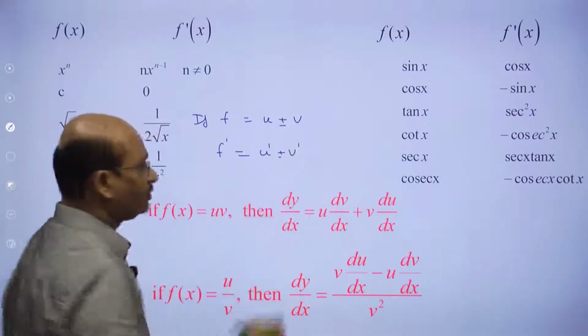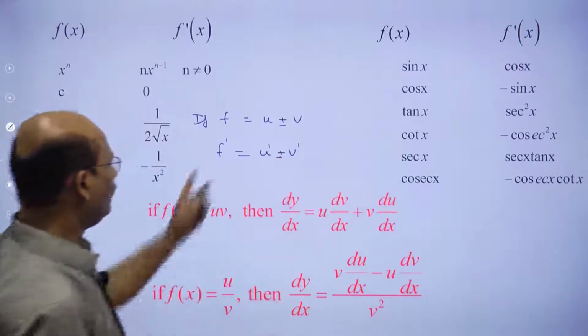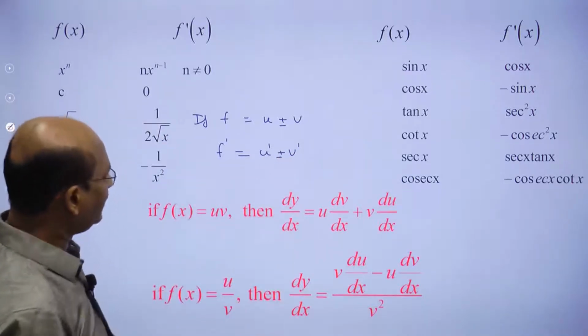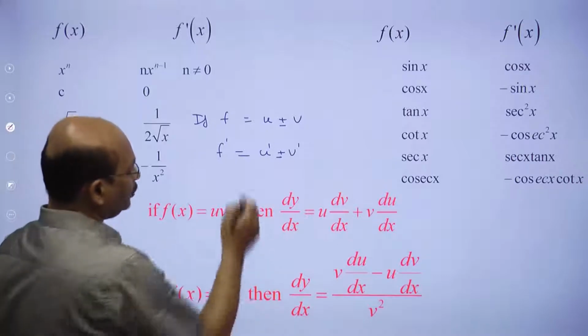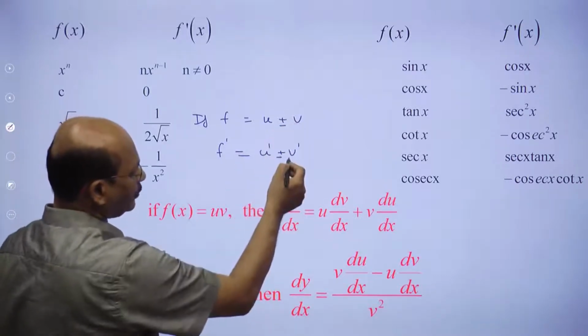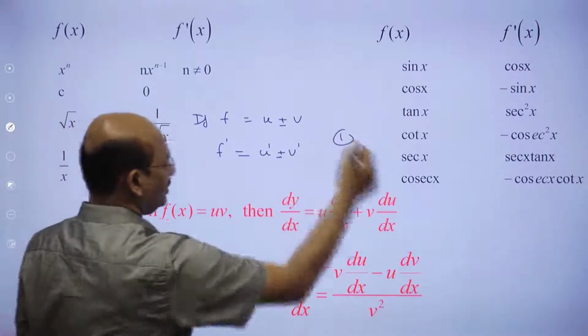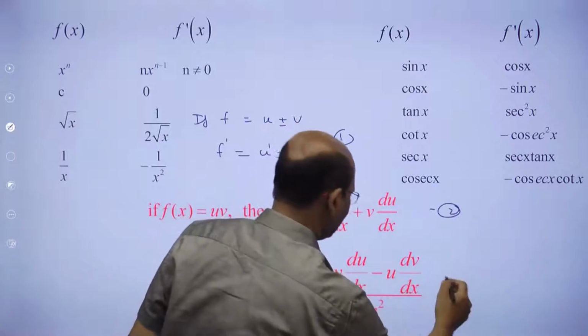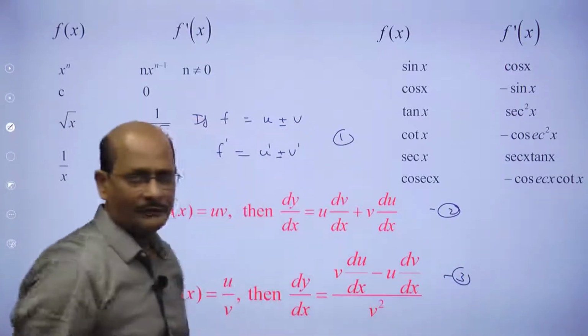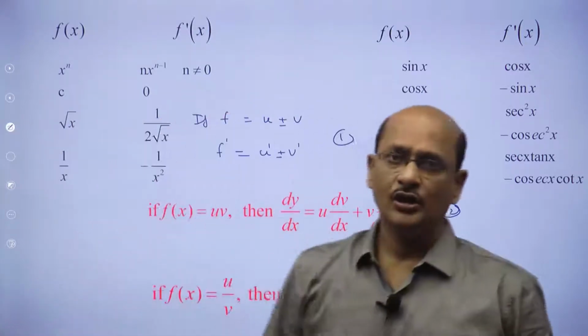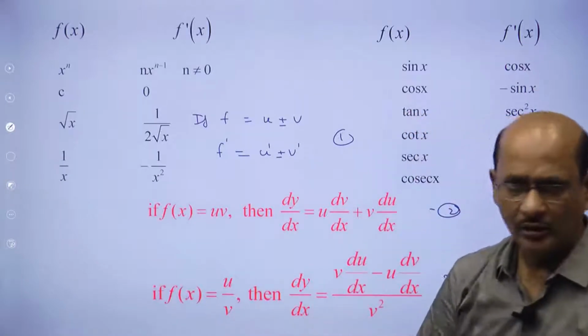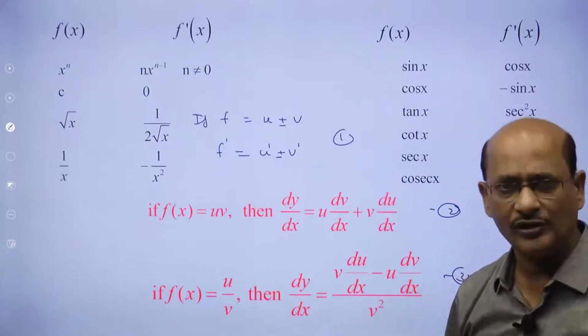So, what I mean to say here is, when the two functions are separated by plus or minus sign, you find the individual derivative and go ahead. Now, this is number 1, this is number 2, and this is number 3. A very, very important part which will govern your working throughout the class 12 differentiation.